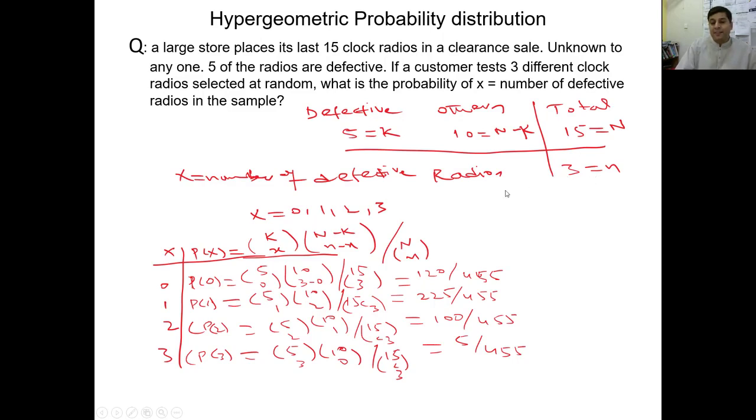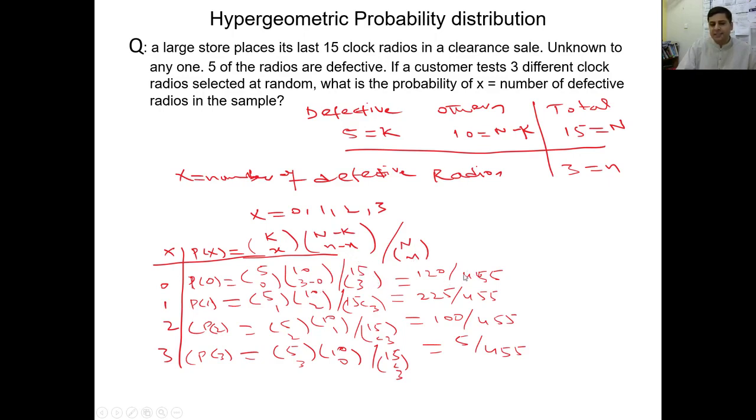So now there is a chance that among those 3 radios there will be all working. In that case, X represents defective radios. When it's all working, that means there is no defective radio. So K is 5 radios, X is 0, which means no defective, N minus K is 10, and n minus x is 3 minus 0, divided by 15C3.